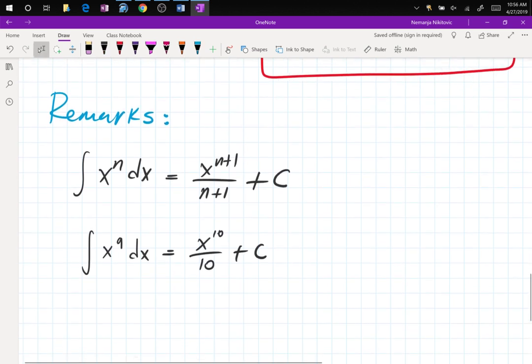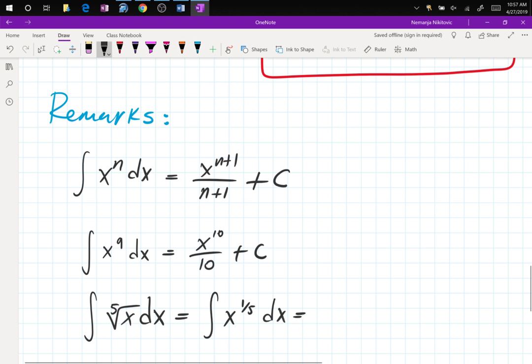But what else follows in the category of x to the n? Well, we have all of the roots as well, because the exponent of a half is a square root. Exponent of 1/5 is a fifth root. So if I have a problem that says the fifth root of x dx, that also falls in the same category, because I can write it as x to the 1 over 5, and it becomes my simple n plus 1 problem.